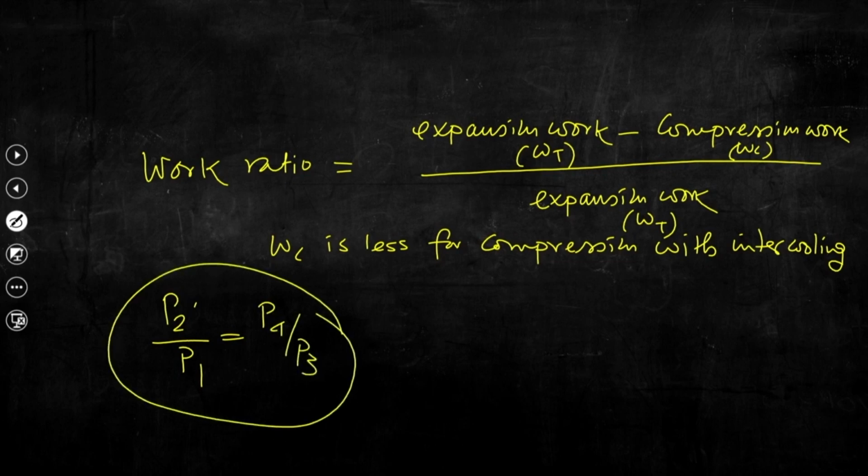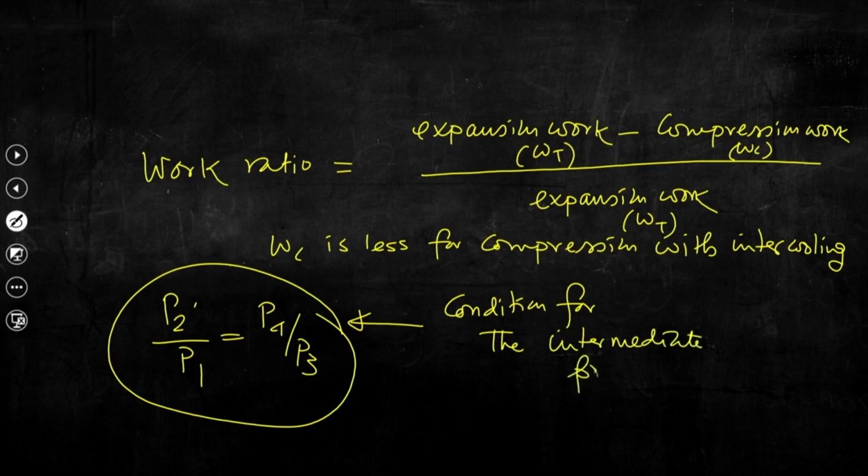So, this is basically a condition for the intermediate pressure. That means pressure ratio in each stage should be equal, right. So, I am writing here pressure ratio in each stage should be equal.